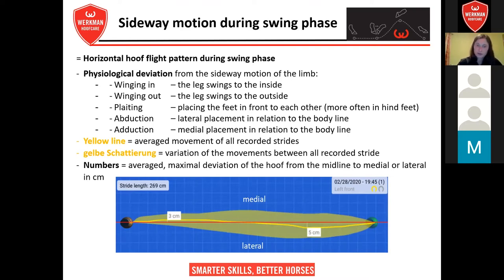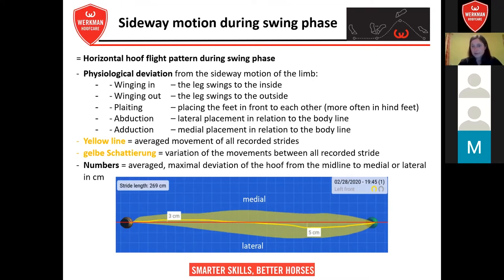So you have the colored line, the yellow line, for example, and this is just the average motion or movement of all recorded strides. The yellow shadow around it is the variation between strides. In my opinion, this is a quite interesting parameter. So the bigger the shadow is, the more variation you have between the strides.